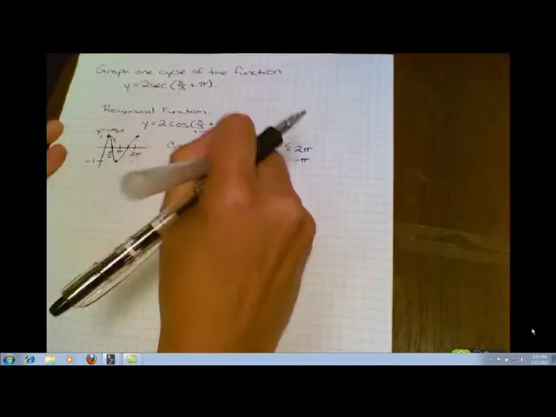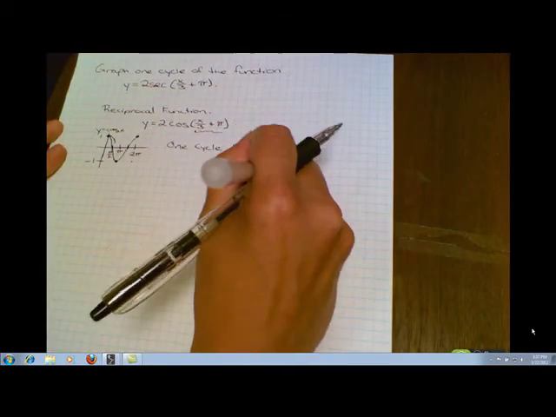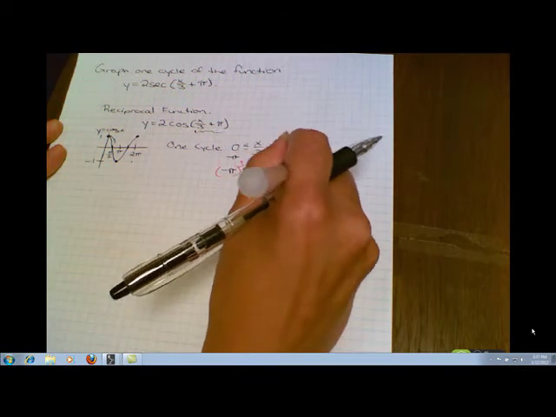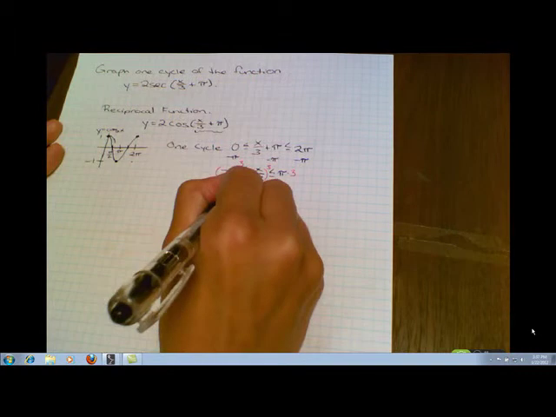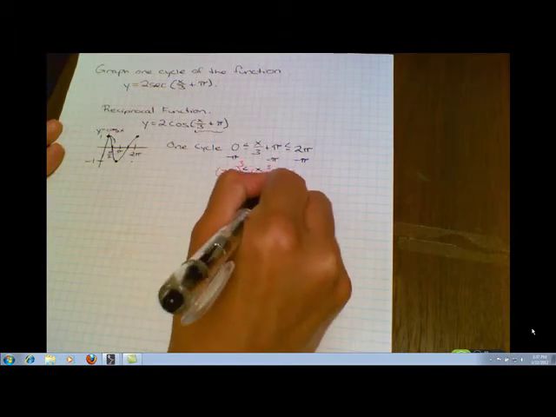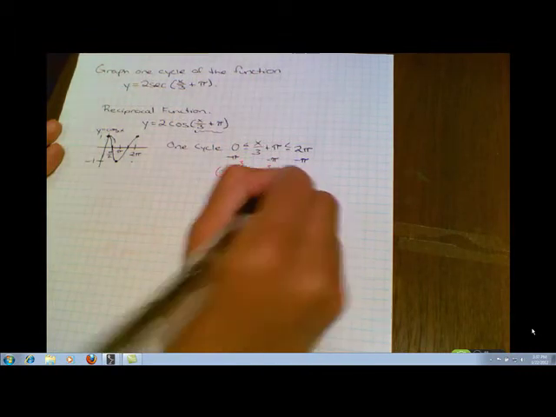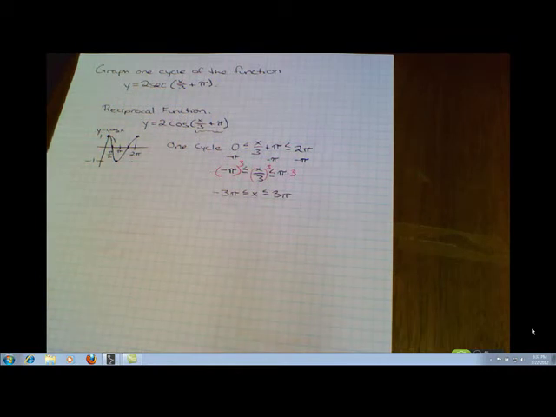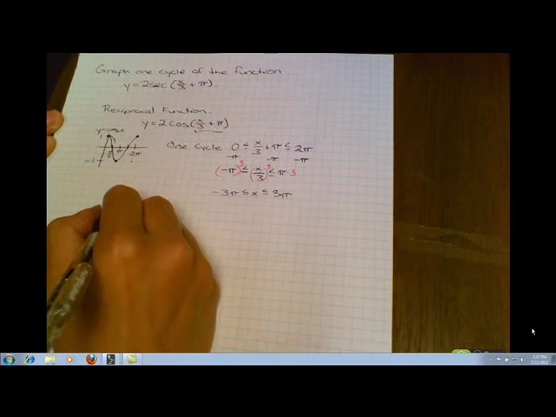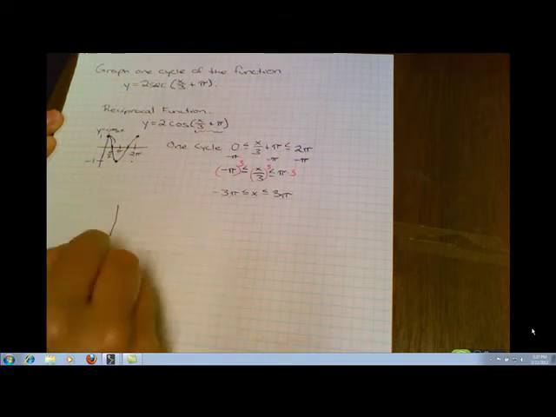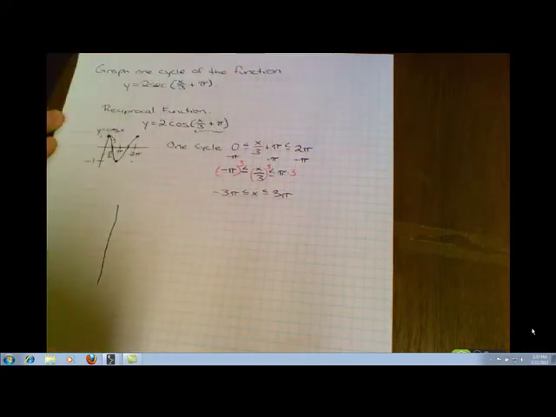And now I just multiply each part by 3 to isolate x. So I have negative 3 pi is less than or equal to x, less than or equal to positive 3 pi. So now I have starting and ending values for one cycle of the graph.